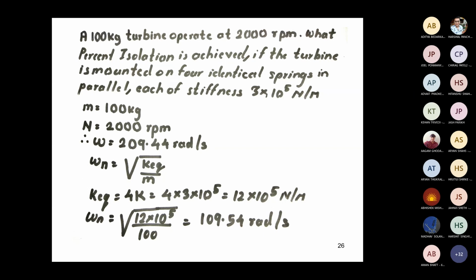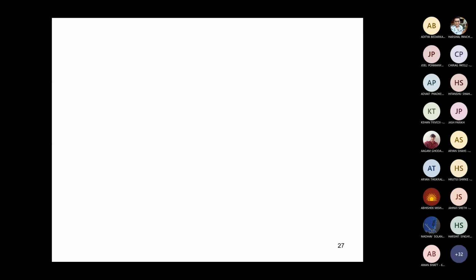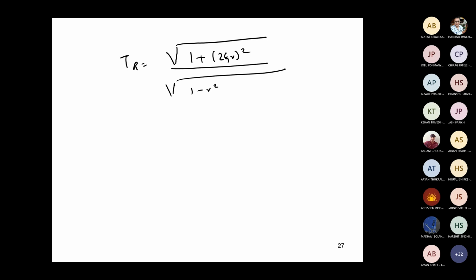So now you have to find out the percentage isolation. Percentage isolation is 1 minus transmissibility, basically, into 100. Transmissibility is square root of 1 plus 2 zeta r whole square, upon square root of 1 minus r square whole square plus 2 zeta r whole square.